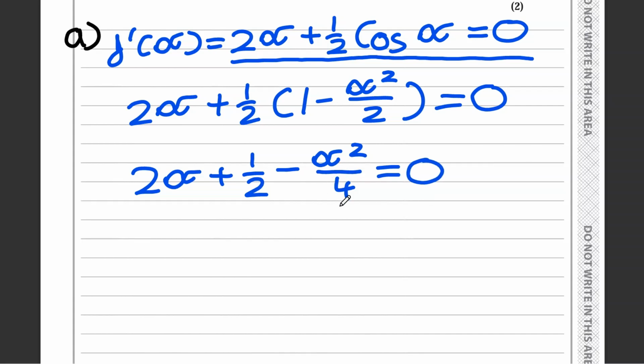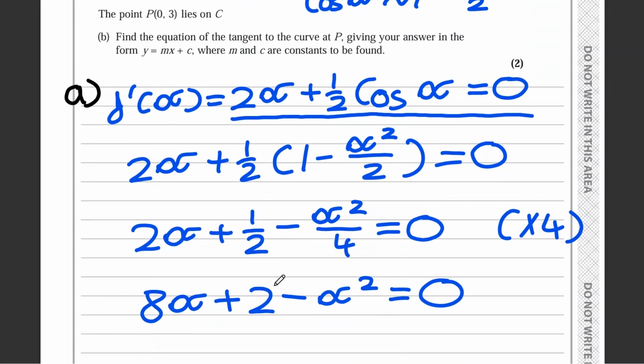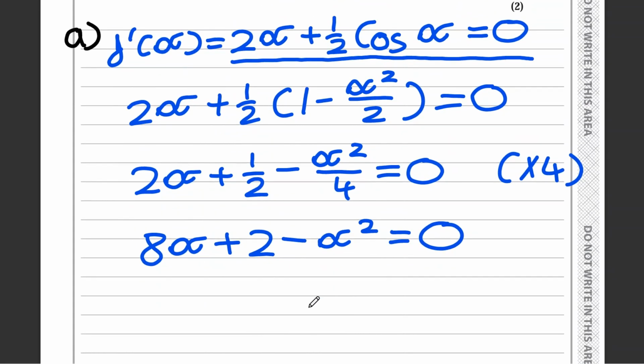To get rid of these denominators, we're going to multiply everything through by 4. So this 2 alpha is going to become 8 alpha, this half is going to become 2, and this 4 will cancel out and leave us with minus alpha squared, and this is equal to 0. Now there's no easy way to factorize this, so we're going to use the quadratic formula.